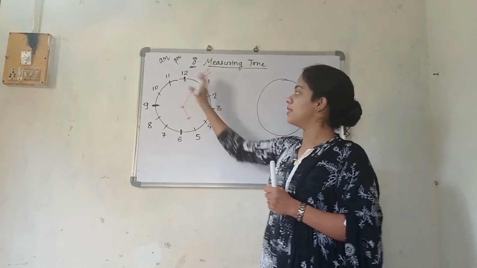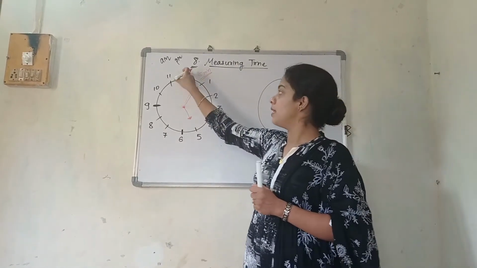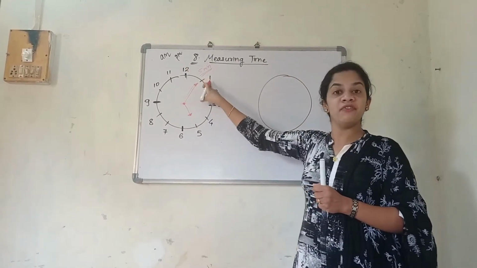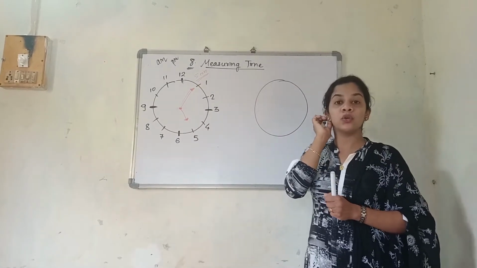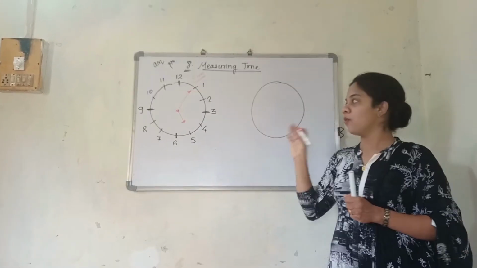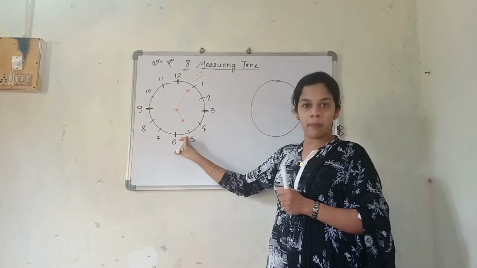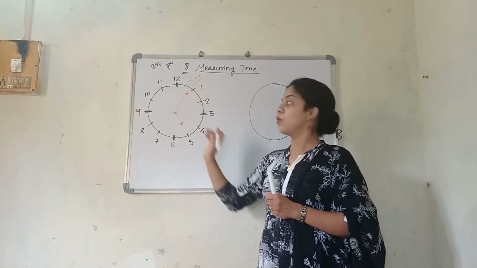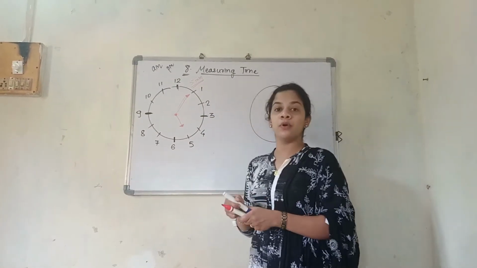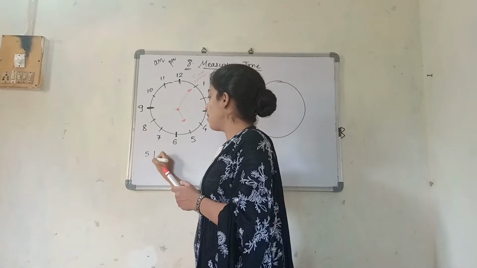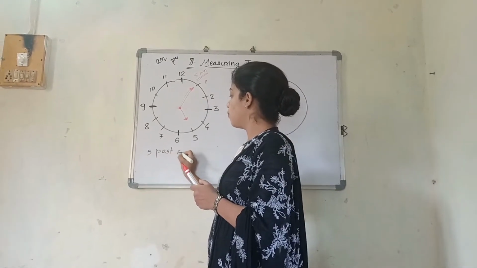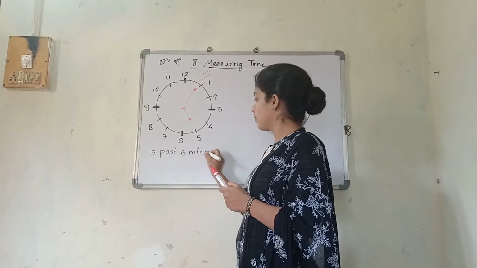So it has already covered 5 minutes. If anyone asks you what time is present on the clock, you are going to say 5 past 5. You are going to write the time as 5 past 5 minutes.